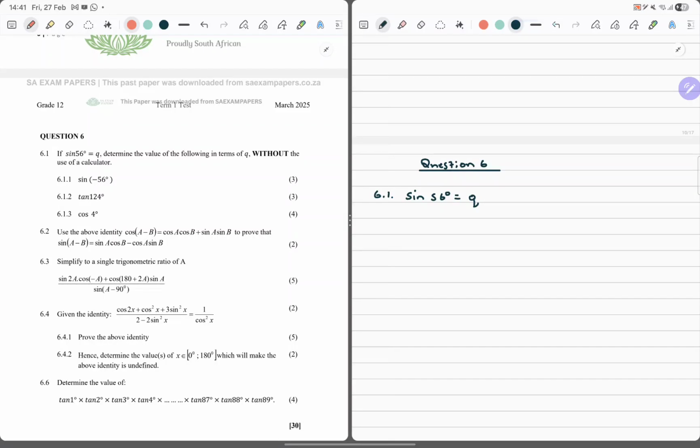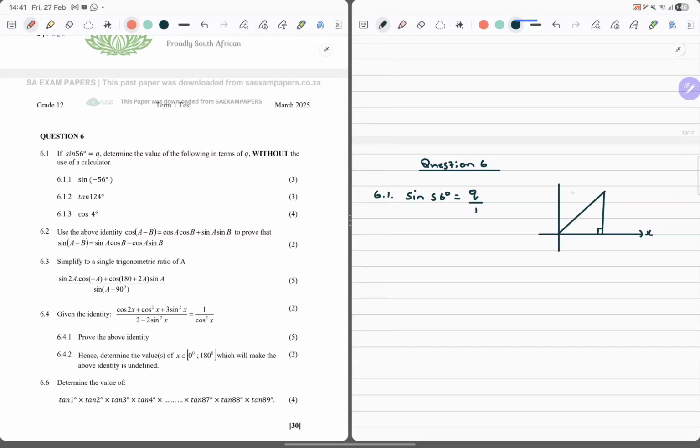Now we know folks that the best way to do this is to write it as a ratio, because this is q over 1, and we already know that the terminal arm is in the first quadrant because 56 is an acute angle, so we need to do that.